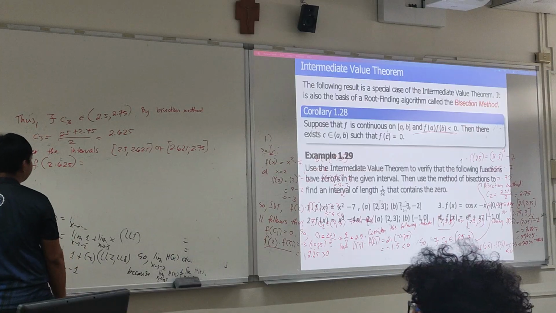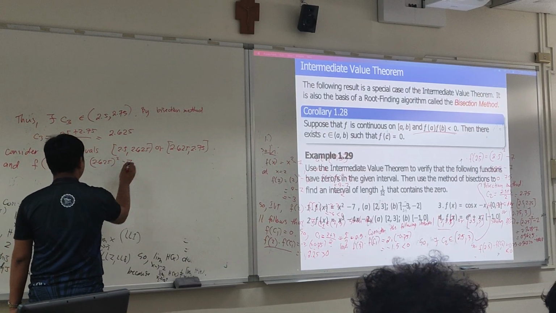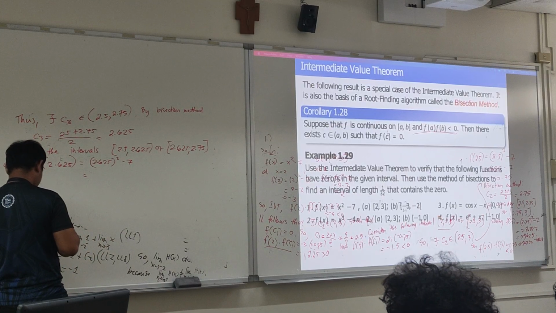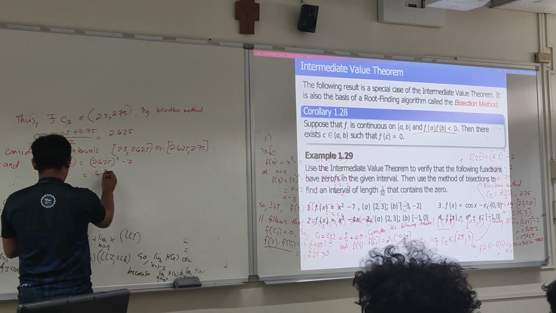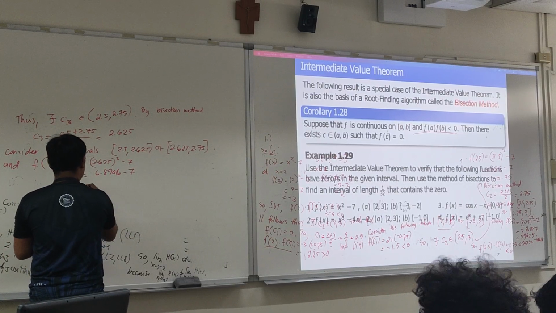That is 2.625 raised to 2 minus 7. 6.8901 minus 7.